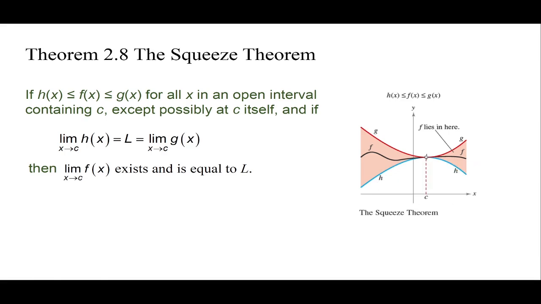In that case, because of this squeeze, the limit of the middle function f would be the very same as the limit of the upper function and the lower function. The limit of the function f of x when x approaches c exists, and it is equal to the limit of the upper and lower functions, which is the same L.